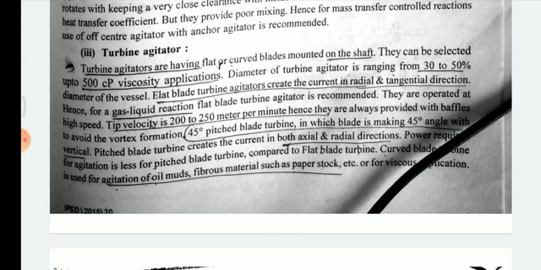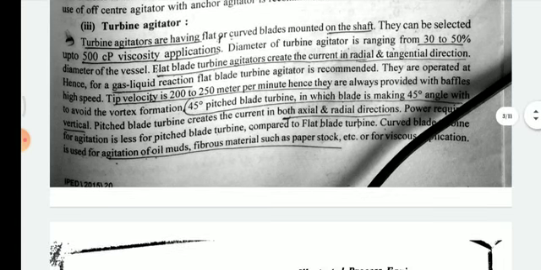Flat blade turbine agitators create current in the radial and tangential directions. Here the flat blade turbine creates current in the form of radial and tangential direction. So the main advantage is that the flow pattern or flow current mixes the entire solution within the vessel.